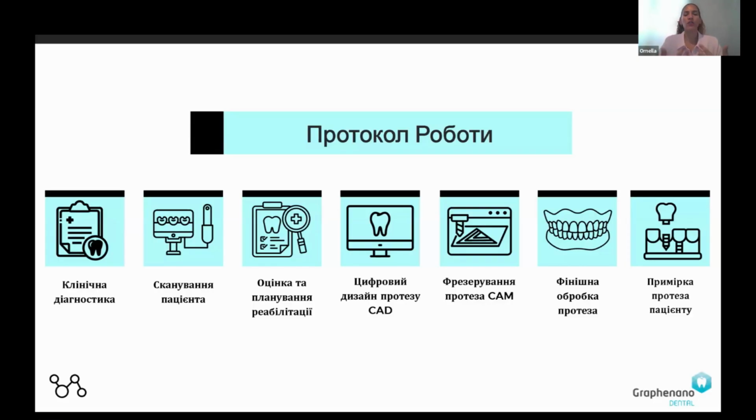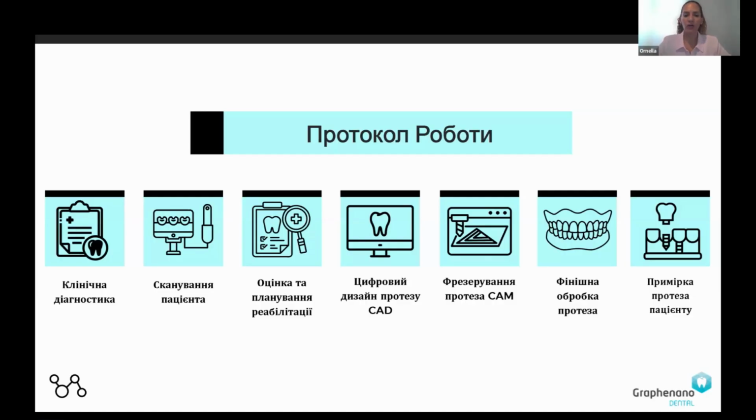We are going to receive the scan, and then we need to plan the prosthetic and the best way to do it. This is important. That's why it's important to have good communication between the doctor and the lab, because it's going to be the success of the case for sure, okay?